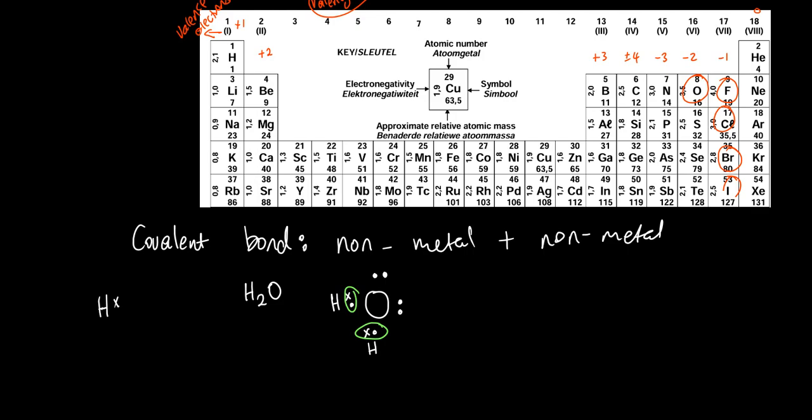If it is only one pair like this, it's a single bond. So you write oxygen here and then hydrogen there. This structure shows you the Lewis diagram for H2O.